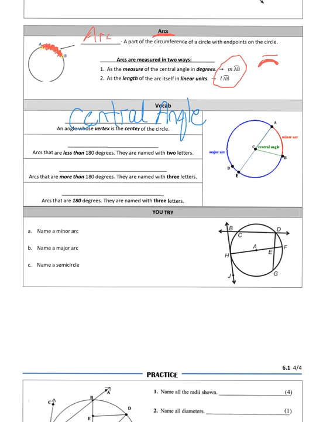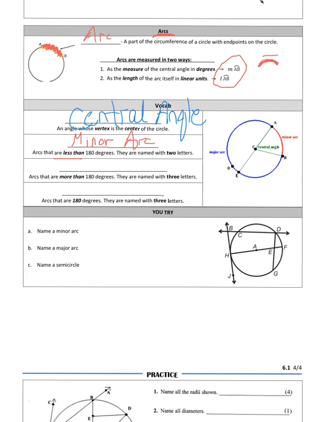All right. Next term, they're referring to an arc that measures less than 180. What we're going to call that is a minor arc. You can see the minor arc over here on the right highlighted in red. It's less than halfway around my circle.